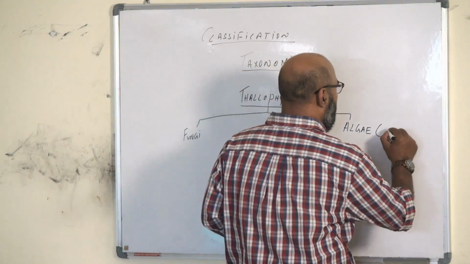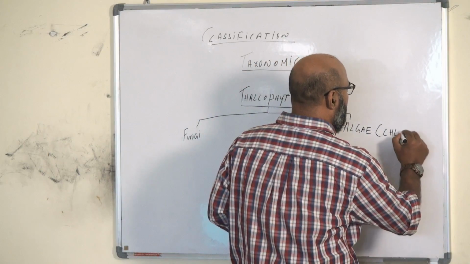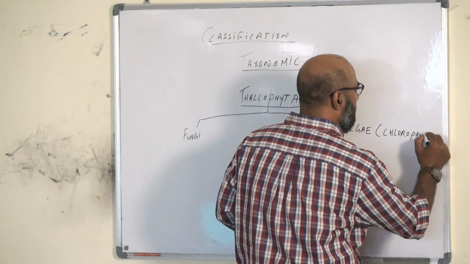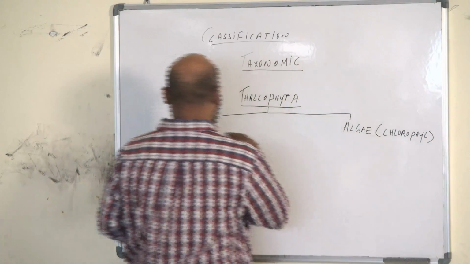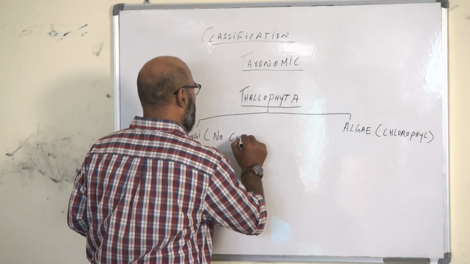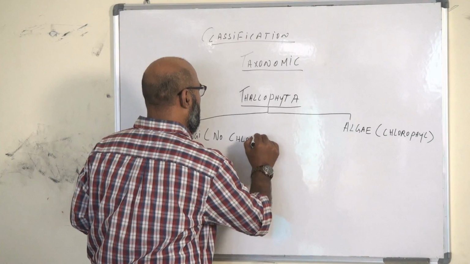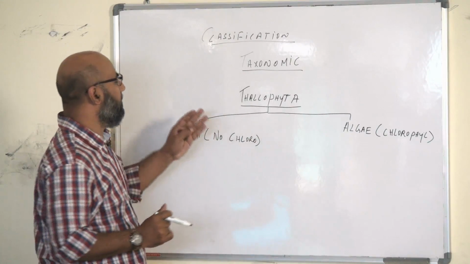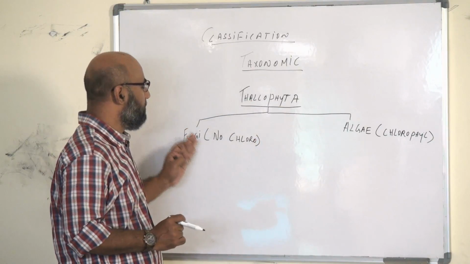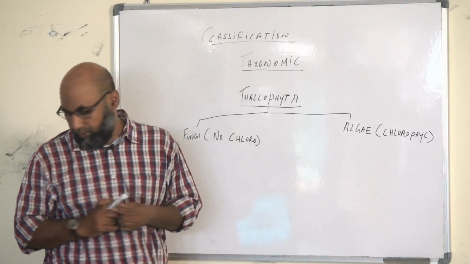Algae contain chlorophyll, whereas fungi have no chlorophyll. So this is the main difference between the fungi and the algae. There is no chlorophyll in the fungi, algae contain chlorophyll.